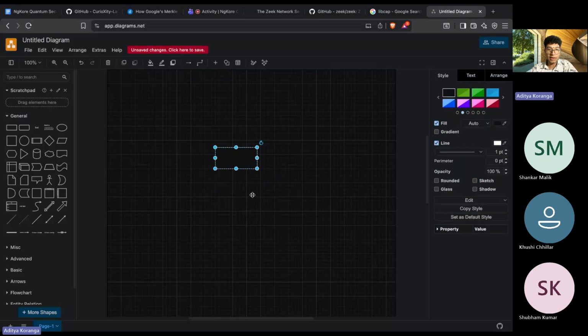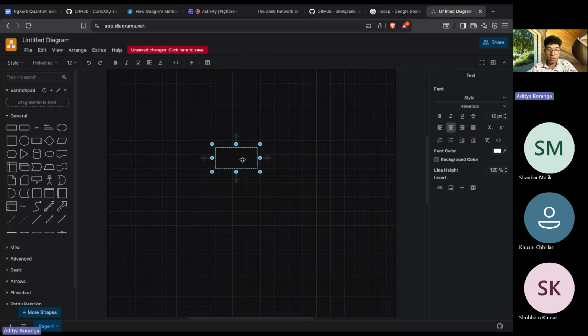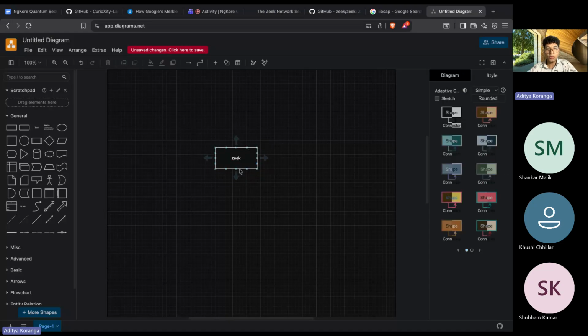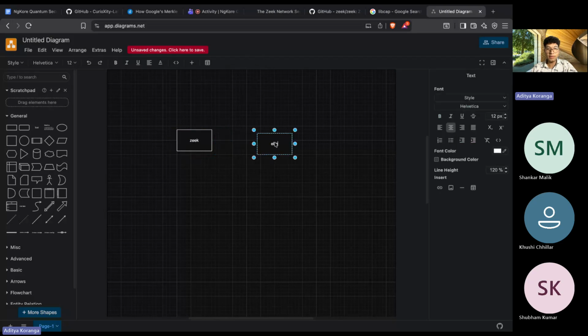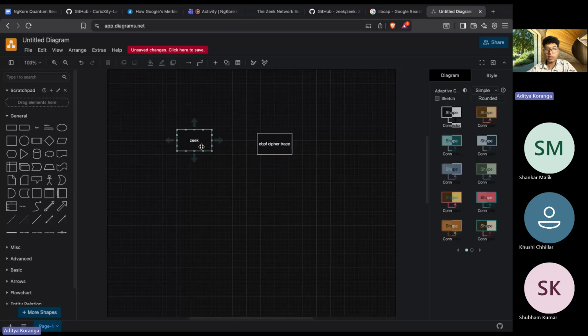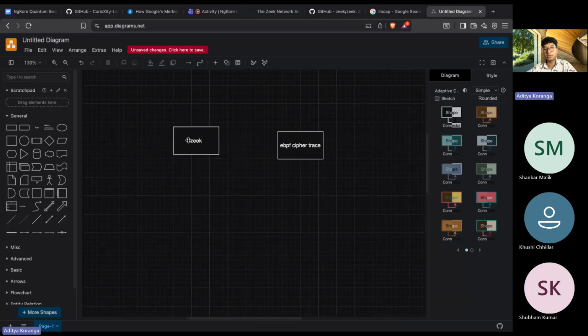We will run Zeek on one VM, and we'll run eBPF cipher trace on another. Zeek is usually a single threaded application, so it runs on one CPU.